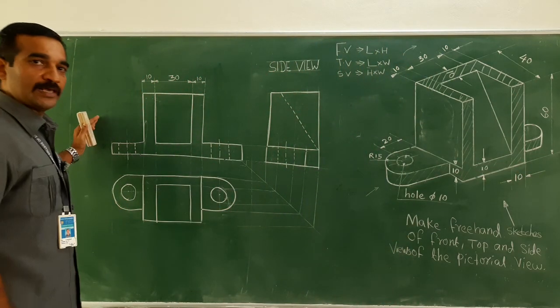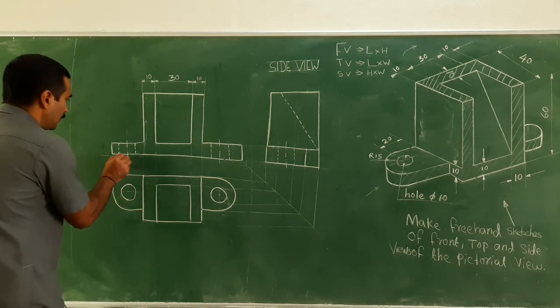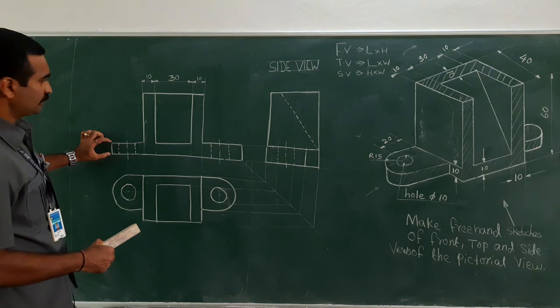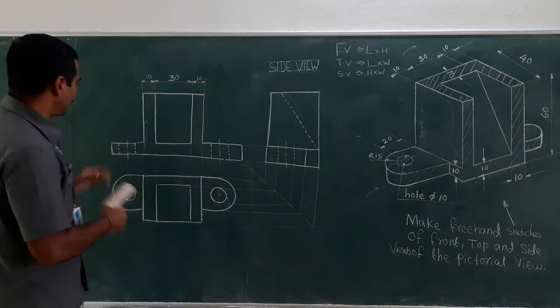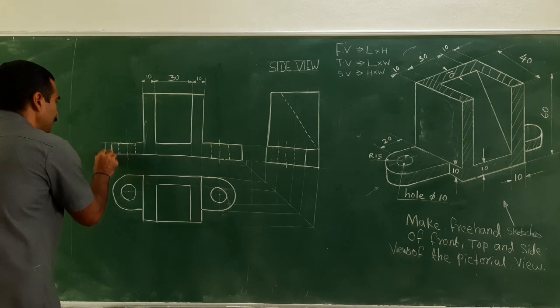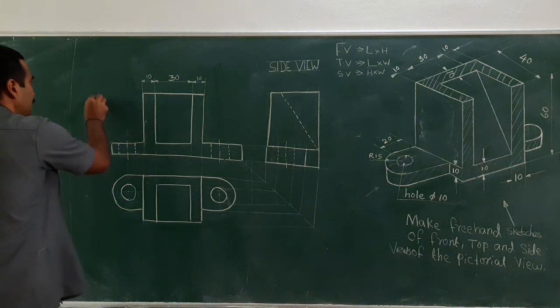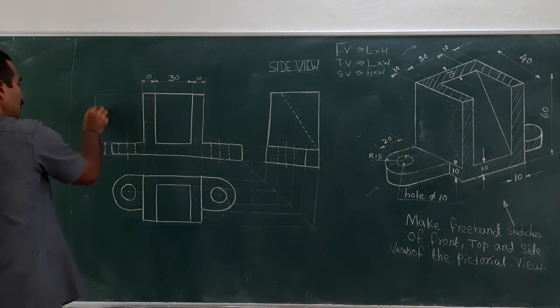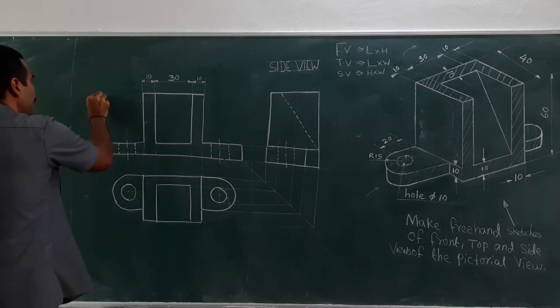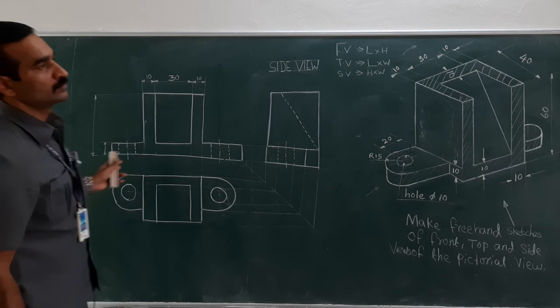So I have space here on the left hand side. Let me give that. Before that, let me mention the particular height here. The height of this particular thing would be 10 mm. And the overall height would be 60, right?